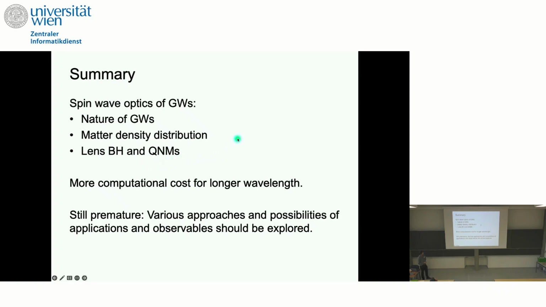There are several formulations, but more computational cost is required for the calculation of the longer wavelength case. It's still just a first step, and our result is not directly connected to observables. So it's still important to continue in this direction with various approaches, considering the possibilities of applications and observables too.